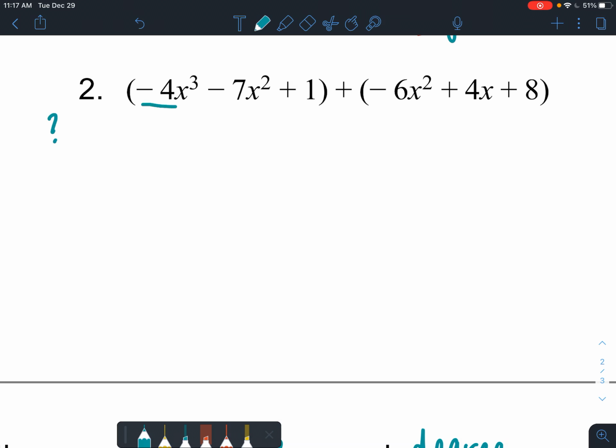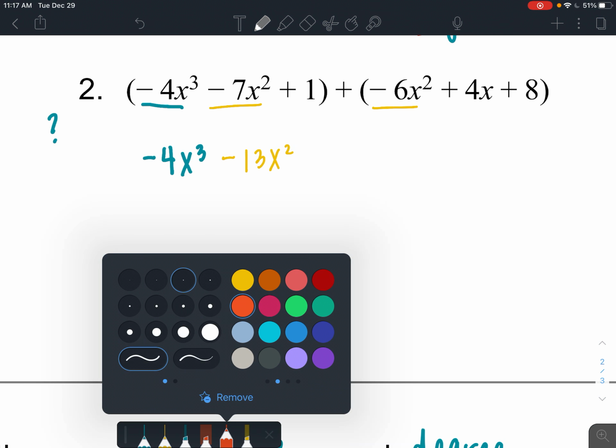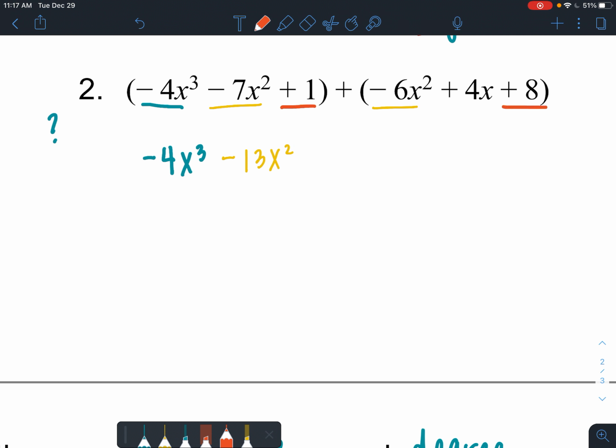Okay, so this 4x to the third doesn't have anything in common with it, so I'm just going to bring it down. This 7x squared and the negative 6x squared go together, so that's going to give me negative 13x squared. This 1 goes with this 8, so that's going to be 9.